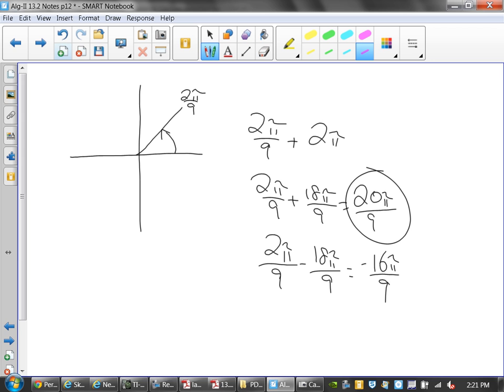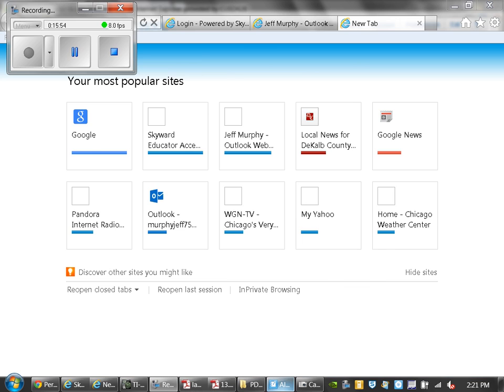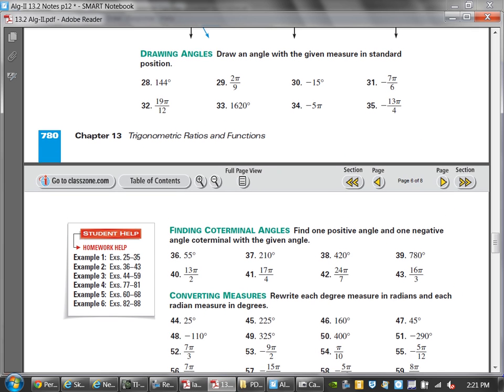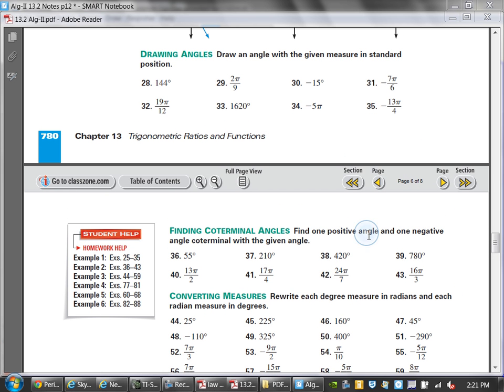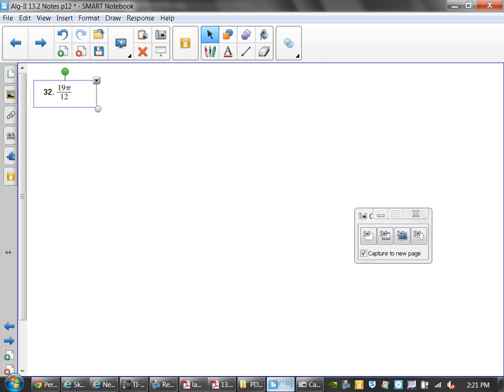All right, let's try it over. 19 pi over 12.